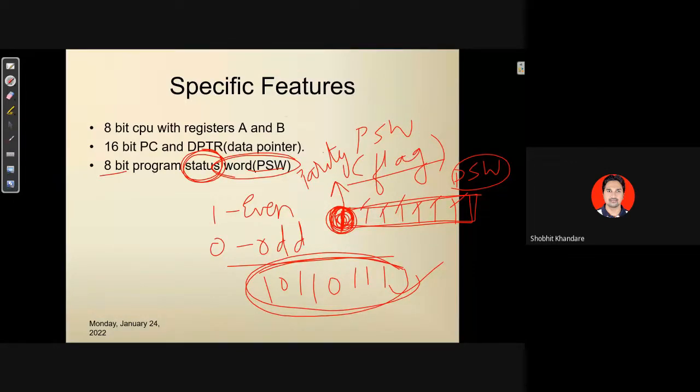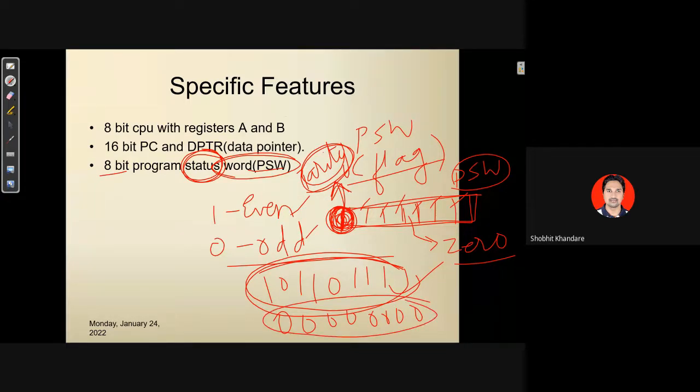मैं एक सेकंड एग्जांपल भी देता हूं। अगर आपका रिजल्ट 0 0 0 0 0 0 0 0, ये पूरा 0 आ गया, तो इसमें एक बिट होता है वो 0, उसको बोलते हैं 0 फ्लैग। ये बिट को क्या बोलते हैं? पैरिटी फ्लैग, विच विल रिफ्लेक्ट वेदर इट इज इवन और ऑड। अगर आपका रिजल्ट 0 है तो दिस विल बी रिफ्लेक्टेड बाय 1। अगर आपका रिजल्ट नॉन जीरो है, दैट विल बी रिफ्लेक्टेड बाय 0.